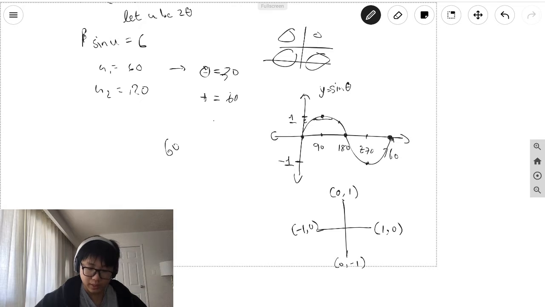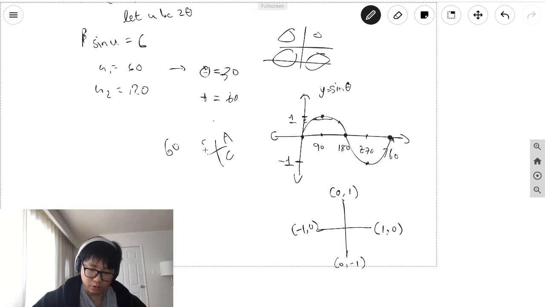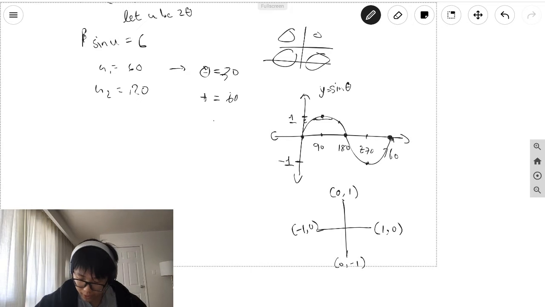So first of all you found it was 60, and then you did your CAST and you said, oh, it was also 180 minus 60. Let's look at what 180 minus 60 means. 180 minus 60 means I'm going all the way here and I'm subtracting 60. So what I'm saying here is, if this is 60 from here to here, it's got to be 60 from here to here also. You see that?